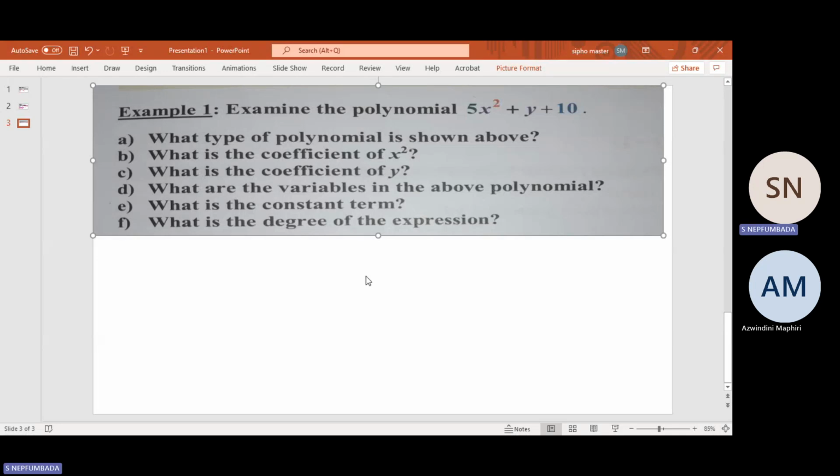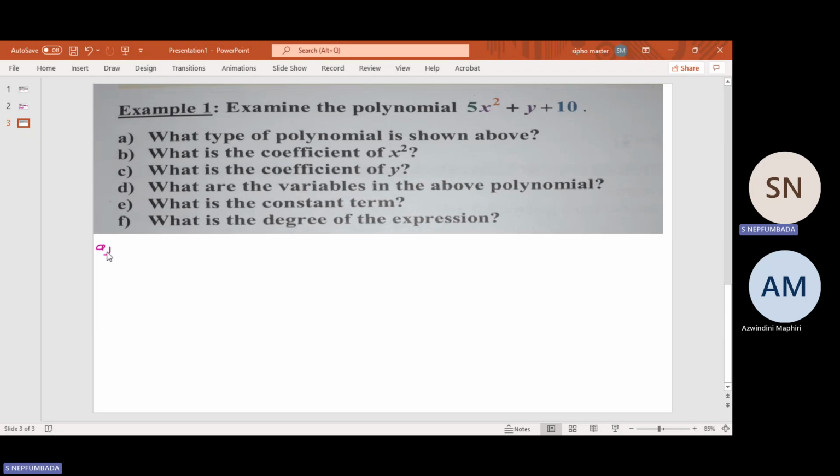The first question says, examine the polynomial 5x to the power 2 plus y plus 10. You understand what is a coefficient? Yes. Okay, if you do understand what is a coefficient, then it's fine. But now, let's do a solution for A.